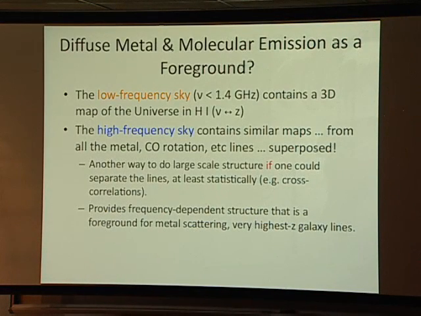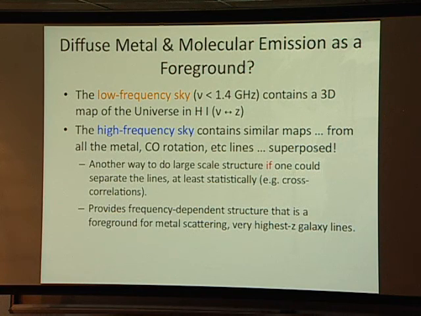There are, however, foregrounds to all of this. And the one that one first thinks of actually is that we know in the low frequency sky, at frequencies less than 1.4 gigahertz, the sky is supposed to be a three-dimensional map of the H1.